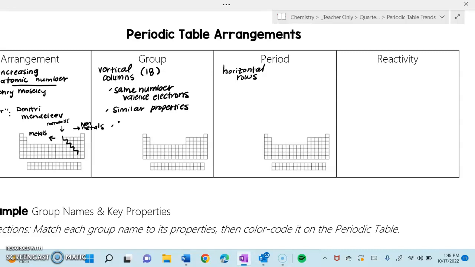We also give these groups family names because they are related by their number of valence electrons. And we are going to discuss 4 different family names today in a moment. But for now, let's just circle a group so you can see what I'm talking about. A column, there's a group, and this one in particular is named the alkaline earth metals, and it has 2 valence electrons.